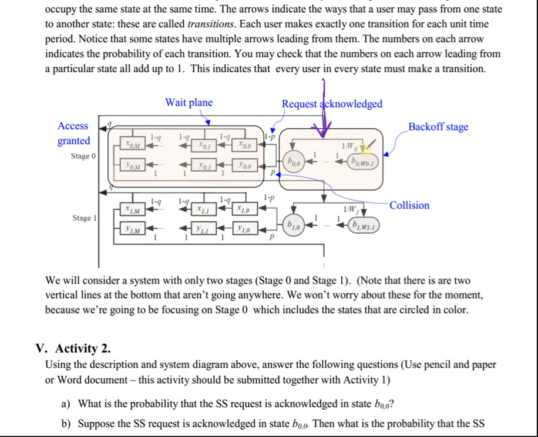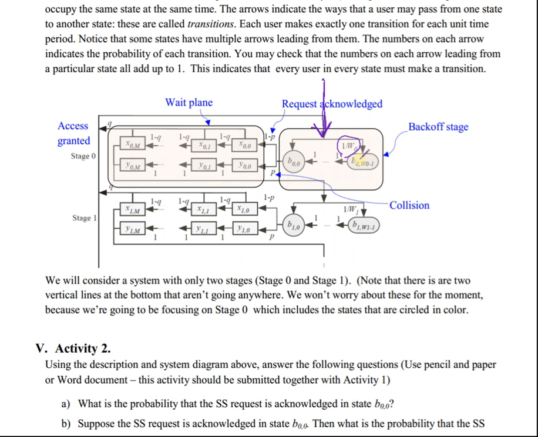Now, when I enter this so-called back-off stage, I could enter any one of these W0 states. The probability that I enter a particular state is 1 over W0.